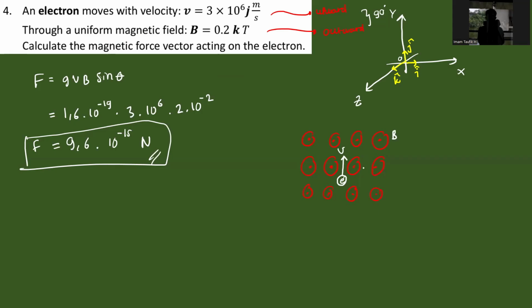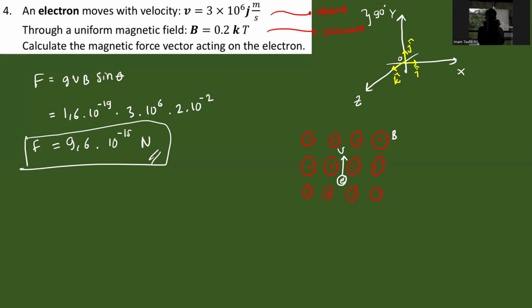So we can use the right hand rule actually, but don't forget that this is an electron. If it's an electron, the direction of the magnetic force will be reversed. If we use the second right hand rule, the velocity of the electron is directed by our thumb, and B is directed by our index finger.